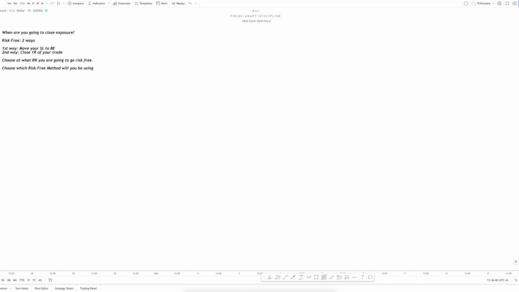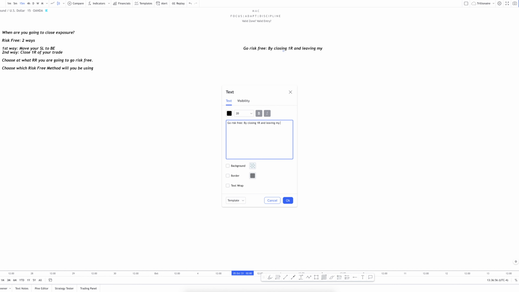Now, what I do personally, which I will show you guys on the charts as well, is I like to go risk-free by closing 1R and leaving my stop loss where it is. Now, this depends on your trading style, okay?